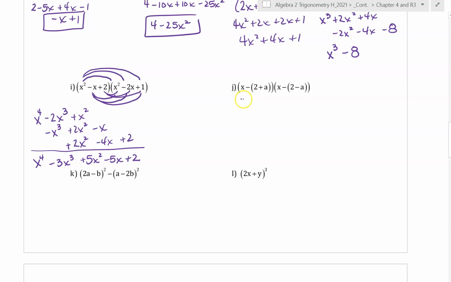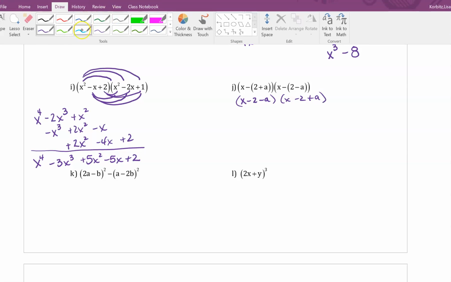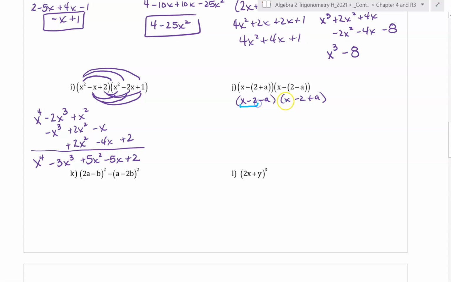Let's try part J. The first thing you want to do is distribute the negative sign. Now I want to show you something kind of clever for this one. If you think of x minus 2 and kind of group it, notice that we have x minus 2 as the first grouping in each set of parentheses, and then we have a plus and a minus, and then a is the same.